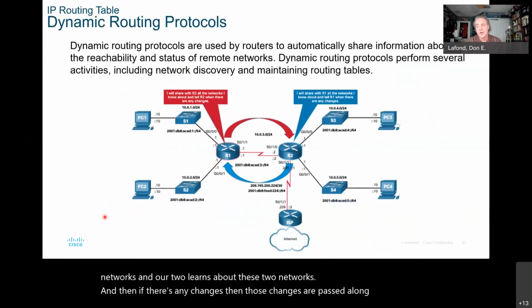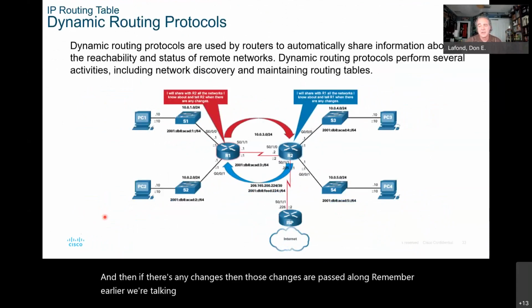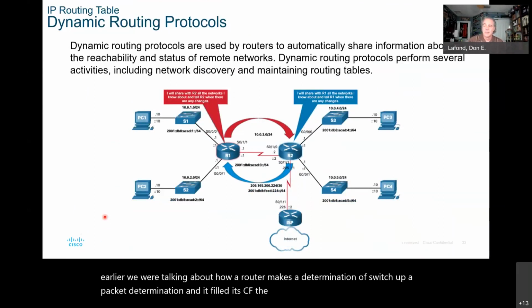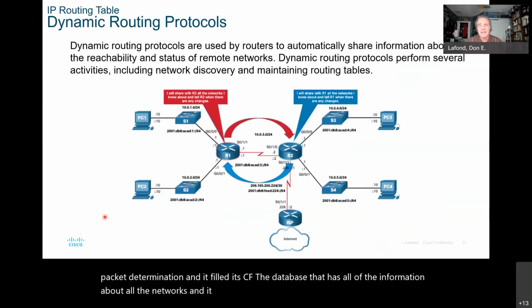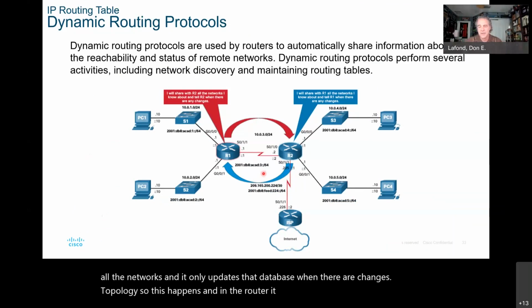Remember earlier we were talking about how a router makes a packet determination, and it filled its CEF database that has all of the information about all the networks, and it only updates that database when there are changes to topology.